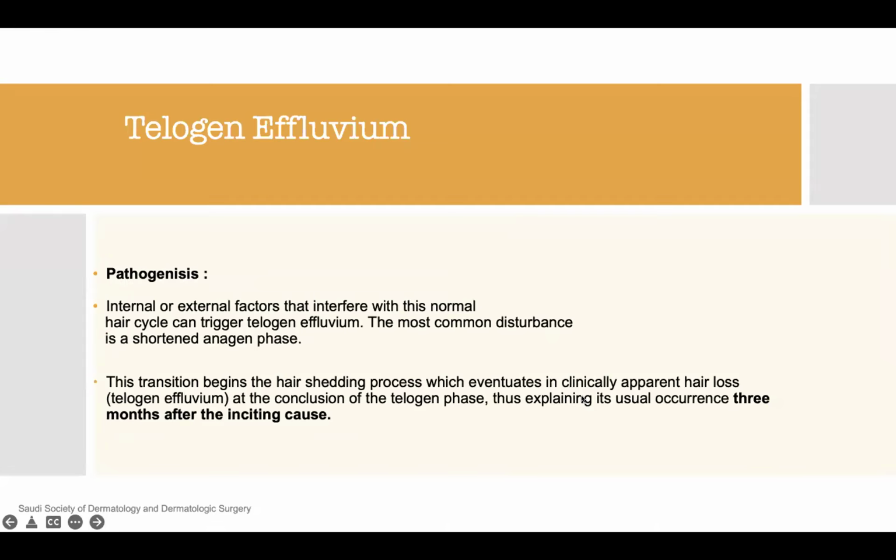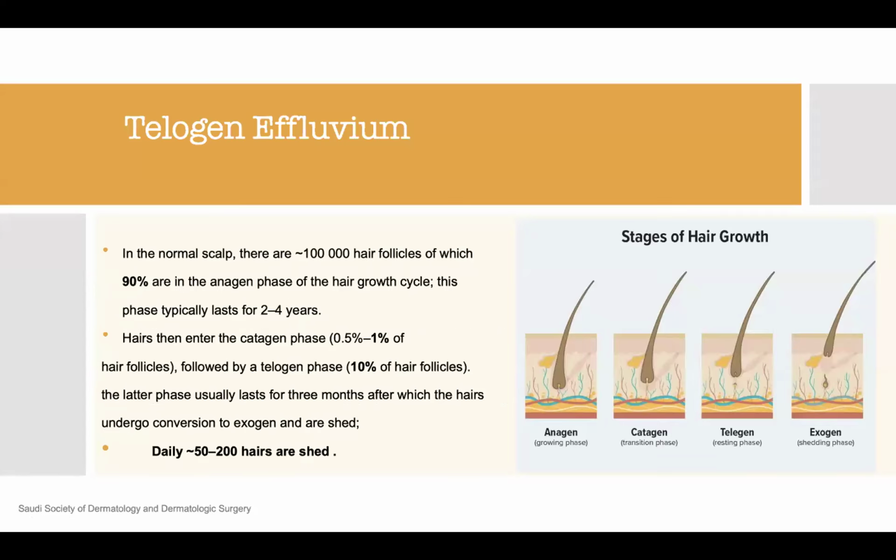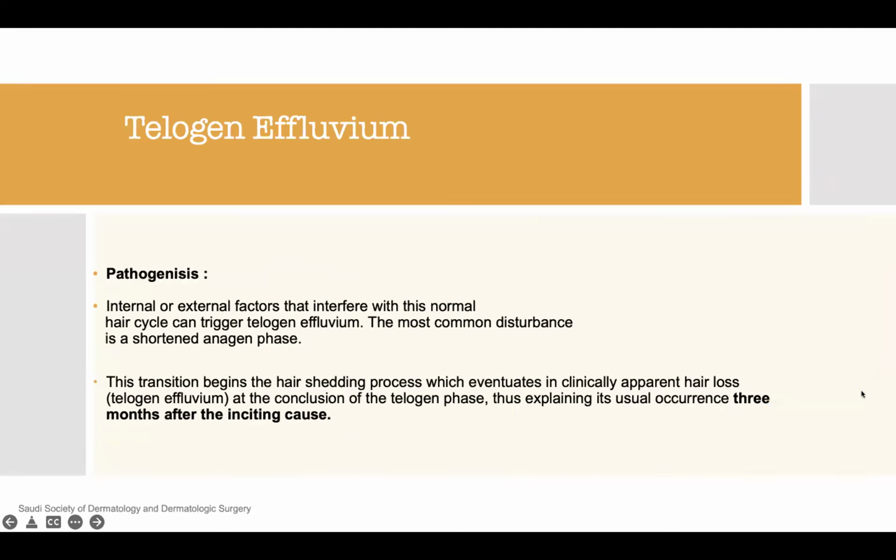So the pathogenesis. There are multiple internal or external factors that interfere with this normal hair cycle, which can trigger telogen effluvium. The most common disturbance is a shortened anagen phase. Basically, the hair follicle does not take enough time in the growing phase and enters the catagen, telogen, and exogen quickly.